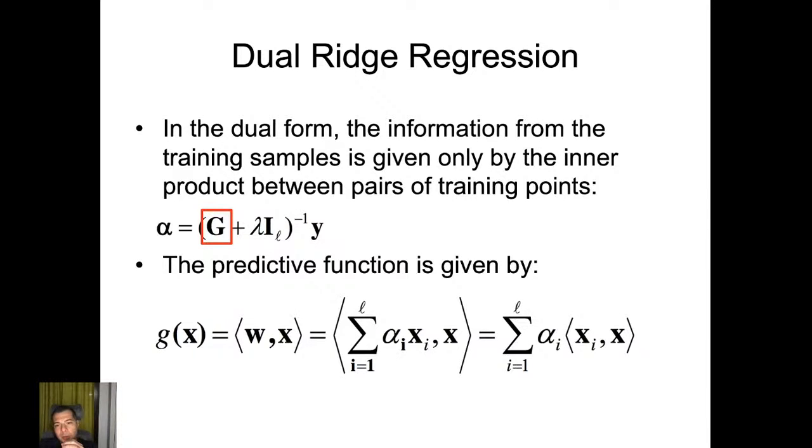And the predictive function: once we have the weights alpha, recall that in the primal form we have to multiply w with x, so this is a scalar product between w and x.